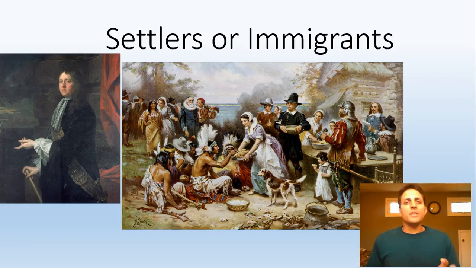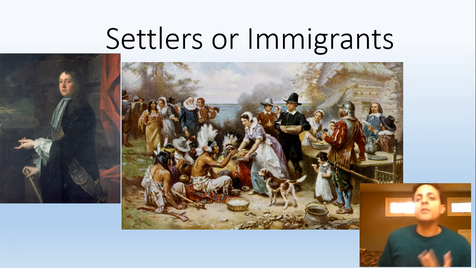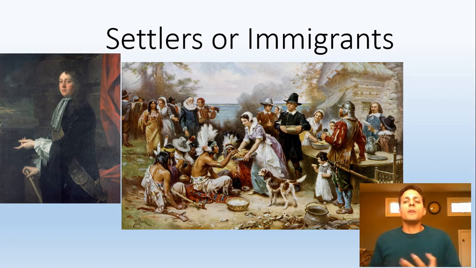The big difference here is that the Spanish and the French primarily only have their own people coming to settle these different territories. The Spanish really only have Spanish people coming. The French really only have French. The British are different. The British are going to have settlers, and they're also going to have immigrants coming from different parts of European society.